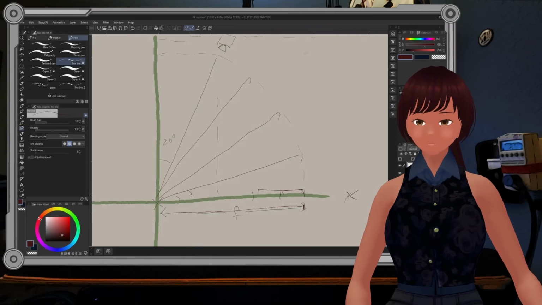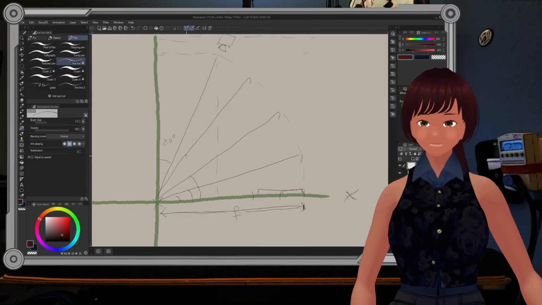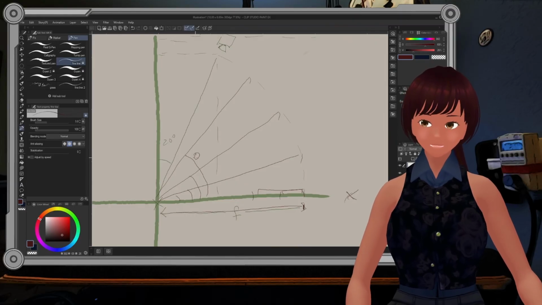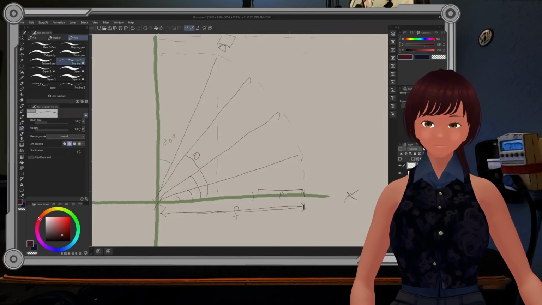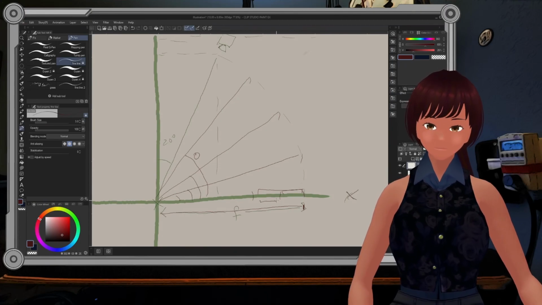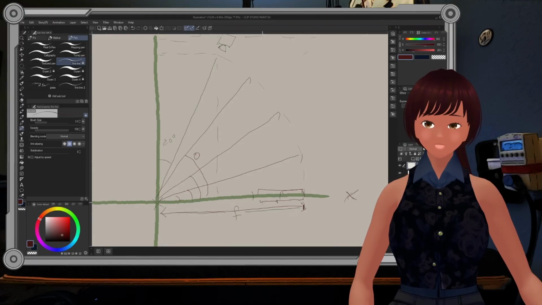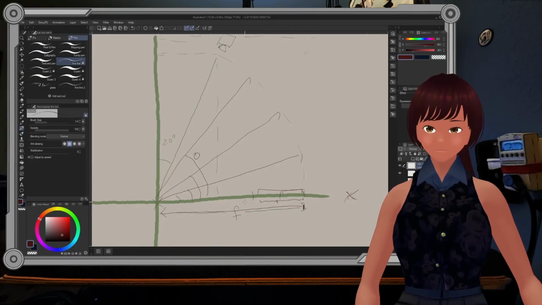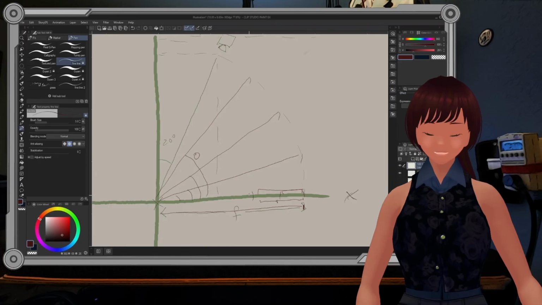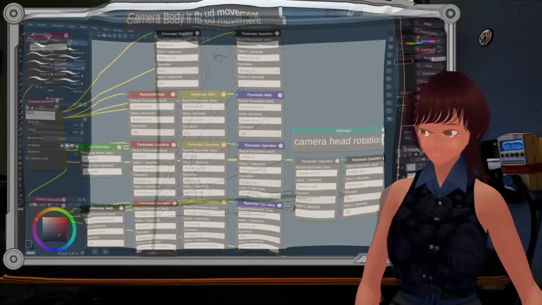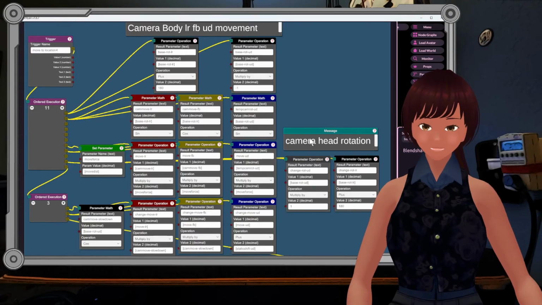So whatever angle this is here, we have to take the cosine of that angle, and that will give us this distance here, or it'll give us the amount to subtract from the distance here. Okay? I think I made that as clear as possible. It's hard to show it.